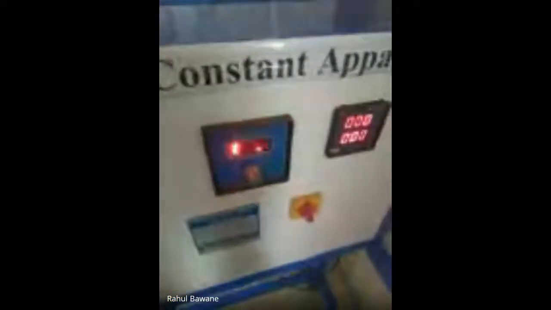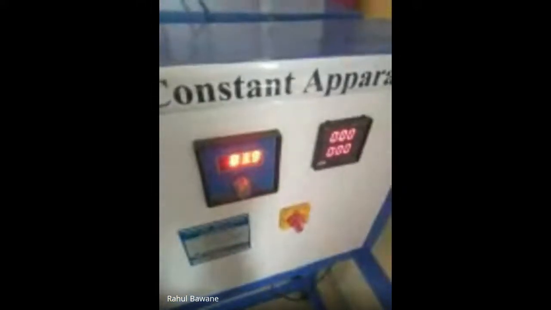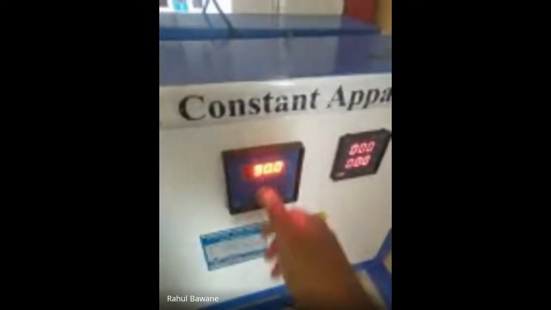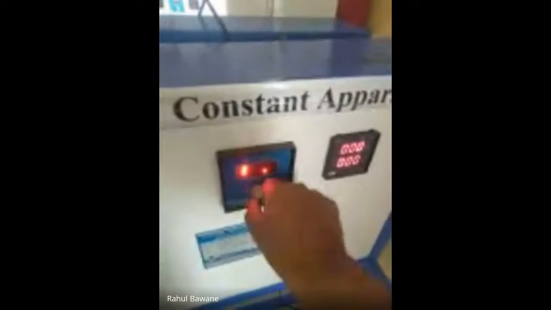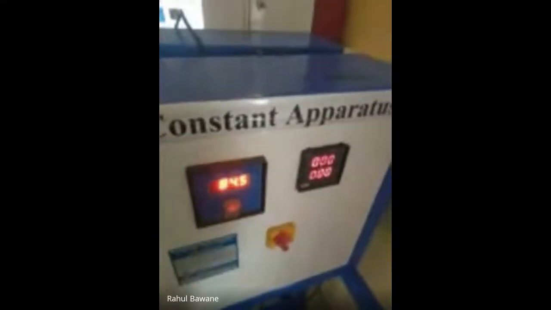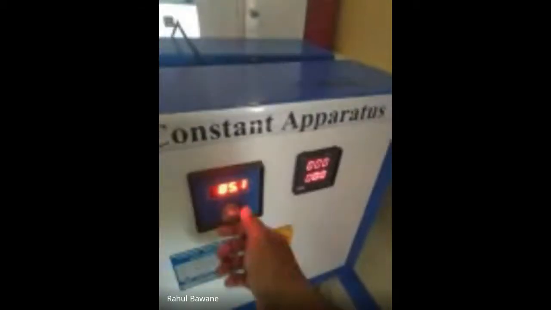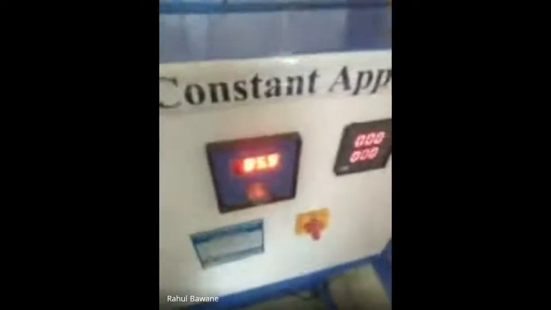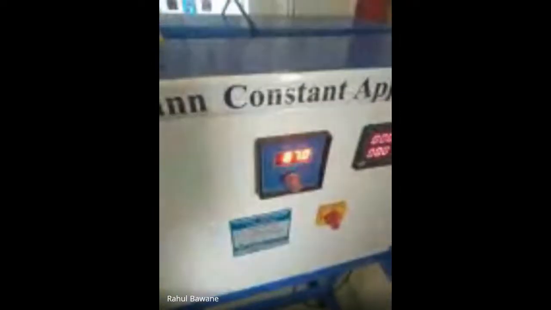So we move on to T1, then T2, T3, T4. These 4 temperatures are for the hemisphere.